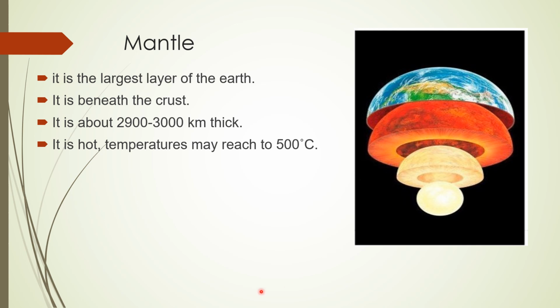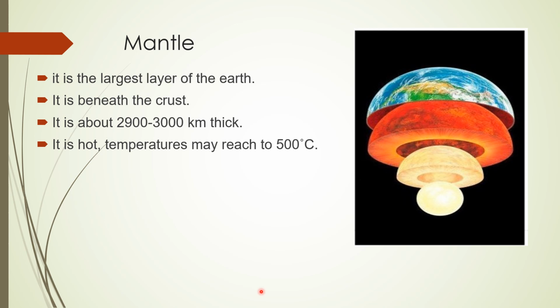The second one says it is just beneath the crust, meaning after the crust is where the layer mantle starts. So after the 90 kilometers, then starts the mantle. As you are going deep beneath the earth's surface, you find the mantle.